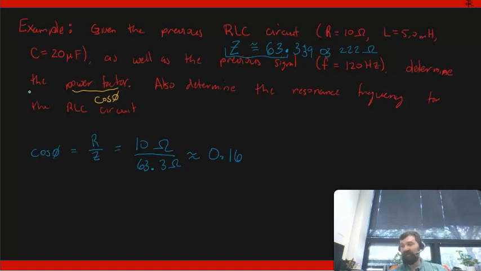Now note that a power factor of 1 essentially means that the impedance and the resistance are equal, and so we're dissipating a lot of power. At the other extreme, a power factor of 0 essentially implies a very, very large impedance compared to the resistance.